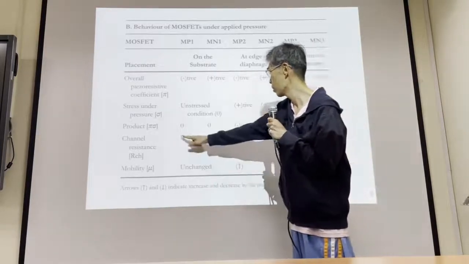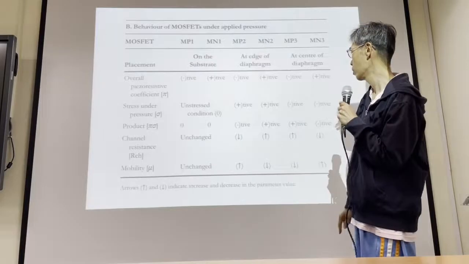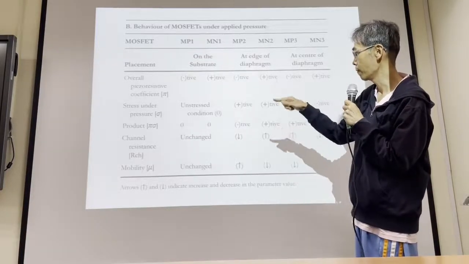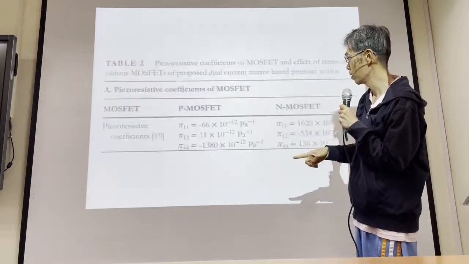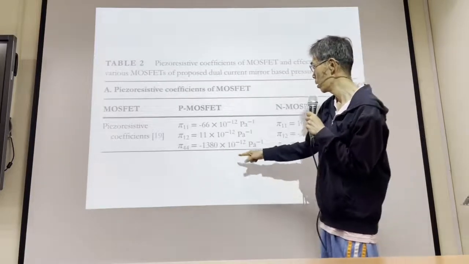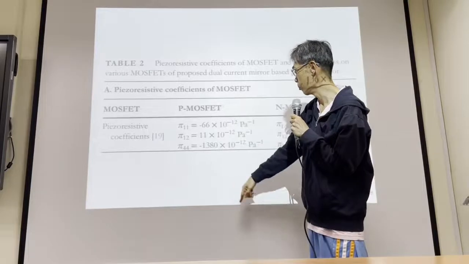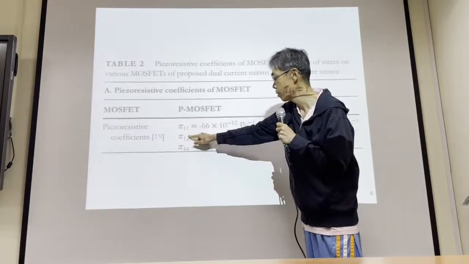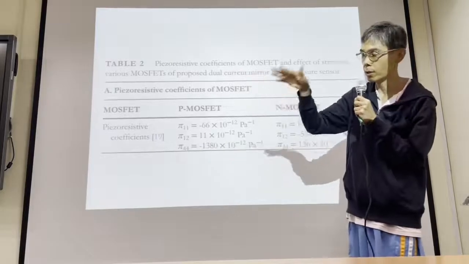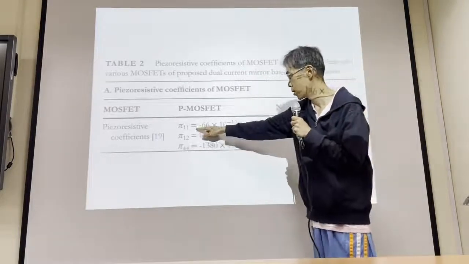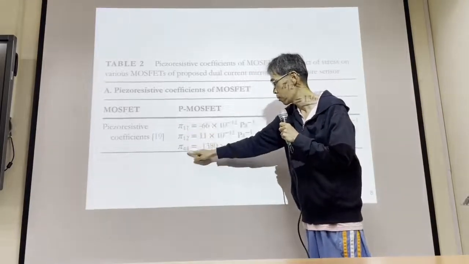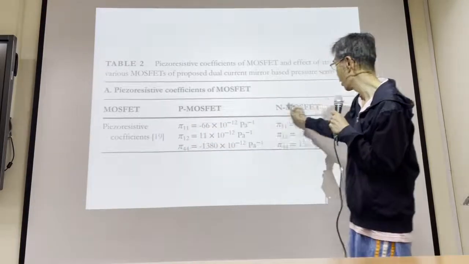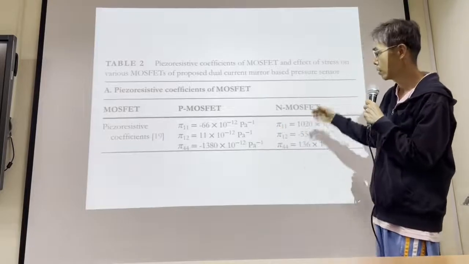Then product pi sigma. Remember, we need the pi value from previously. For PMOS, we focus on pi 11 because it's bending in one direction; pi 11 is more important than pi 12 and pi 44. So PMOS is negative, NMOS is positive.